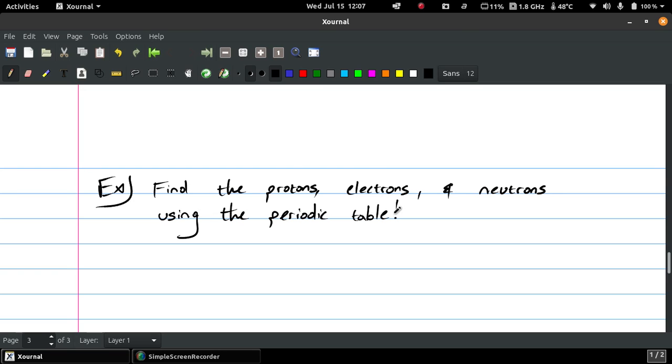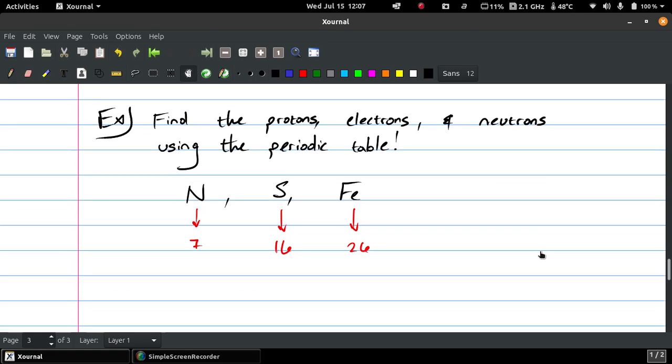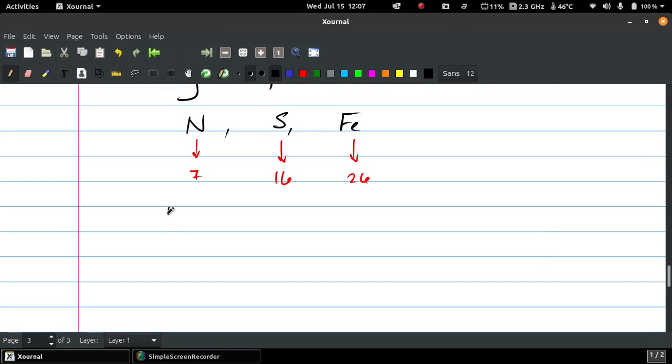Find nitrogen, sulfur, and iron. I'll give you the atomic numbers for each of them so you can locate them better. This one is 7, I want to say it's 16, yeah, and 26. Take a second to work on this. Make a little chart if you need to. You can pause the video and we'll work on this.